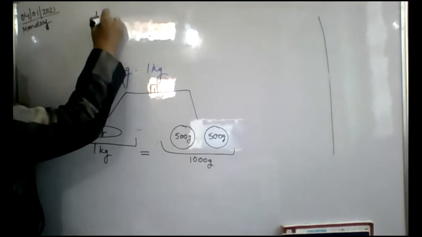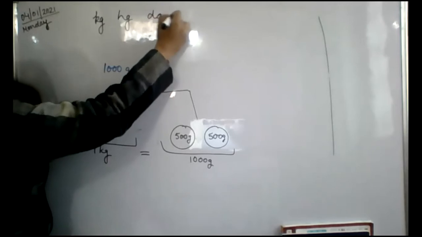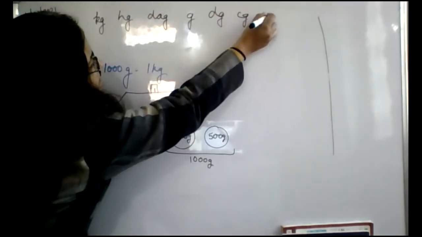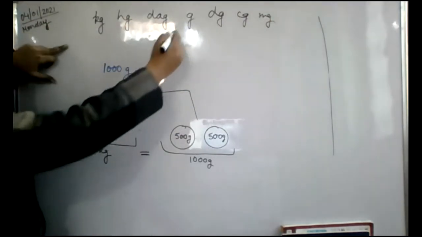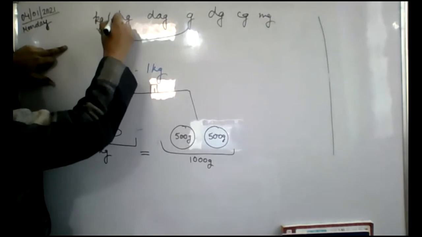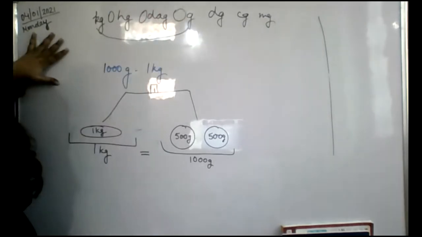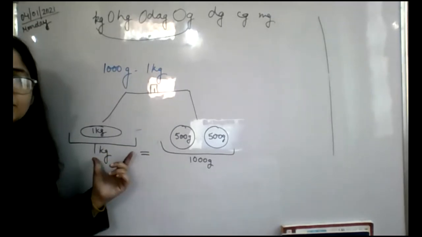If you know the table: kilo, hecta, deca, gram, deci, centi, milli. Between gram and kilogram, how much gap is there? 10, 20, 30. There is a gap of 3 zeros. So when we collect 1000 grams together, it will form 1 kilogram.